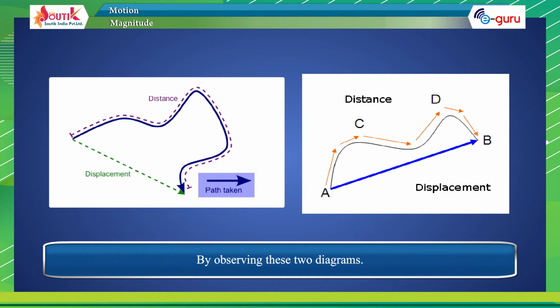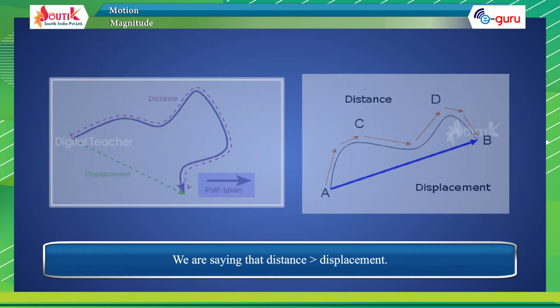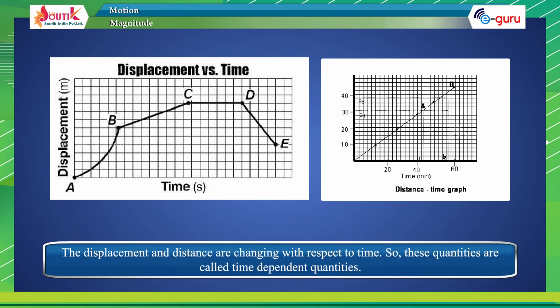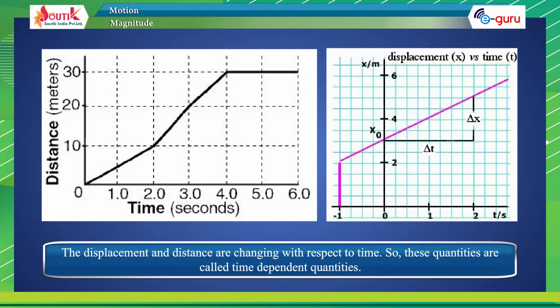By observing these two diagrams, we are saying that distance is greater than displacement. The displacement and distance are changing with respect to time. So these quantities are called time-dependent quantities.